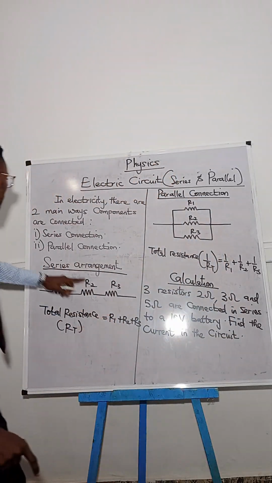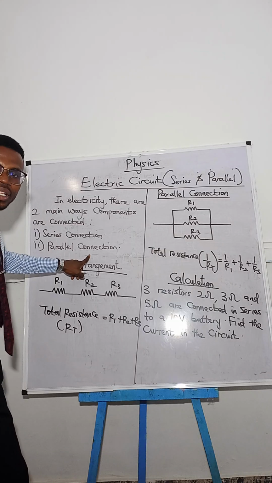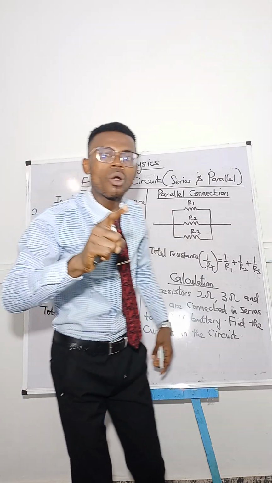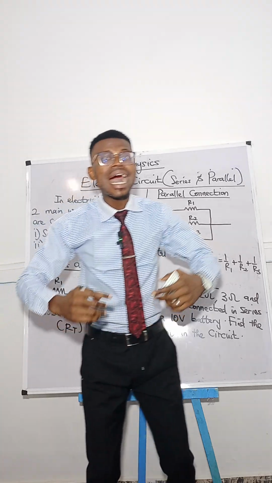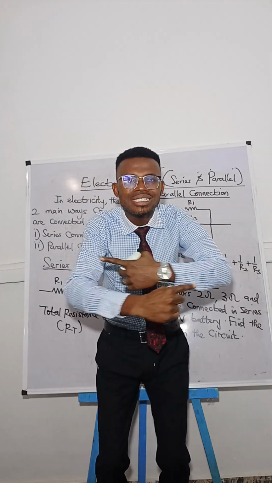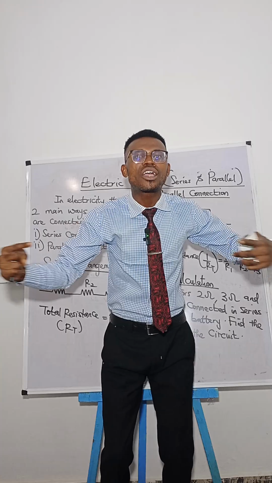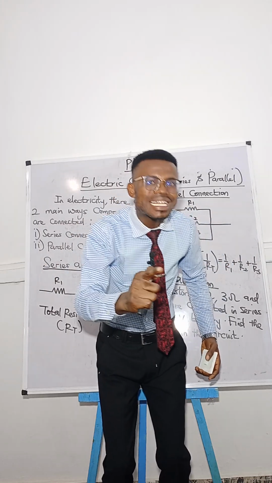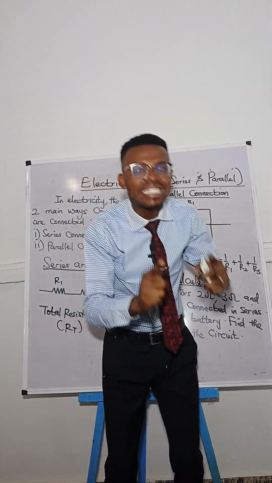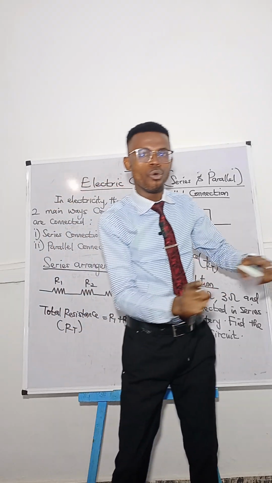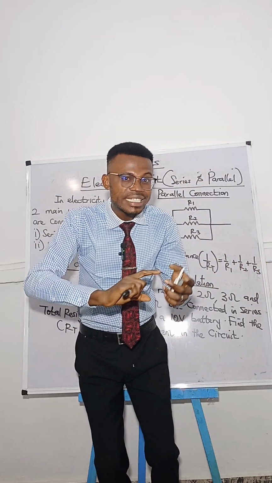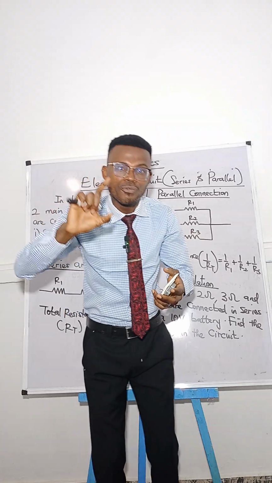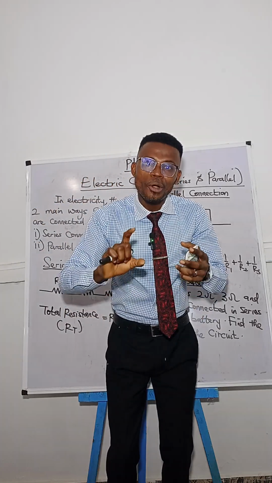Now, the second we have is the parallel connection. Under the parallel connection, components are connected across the same point, such that there are multiple paths for current to flow. Hence, the current is shared across while the voltage is kept constant.